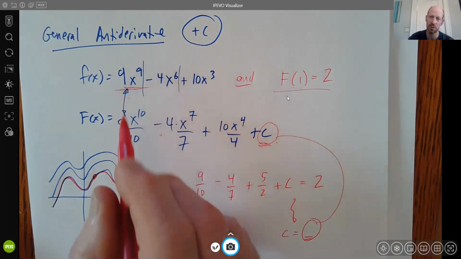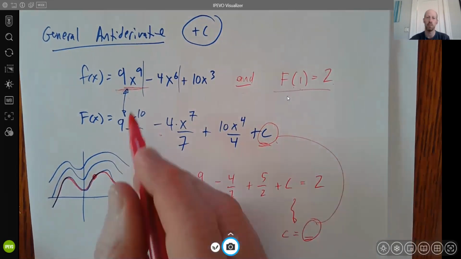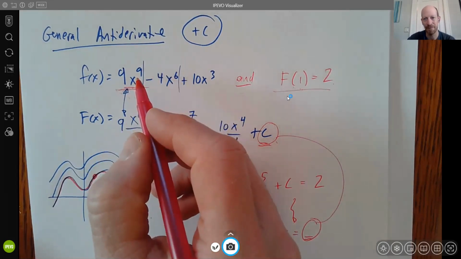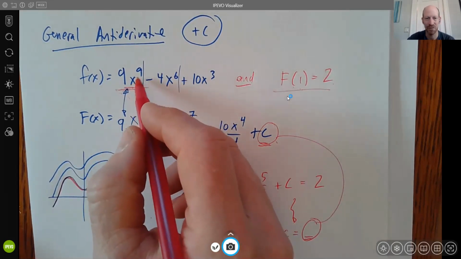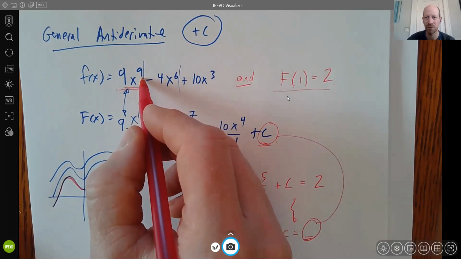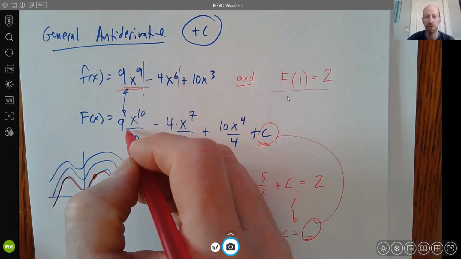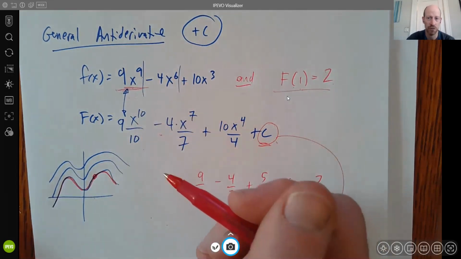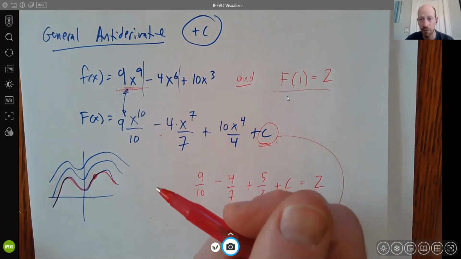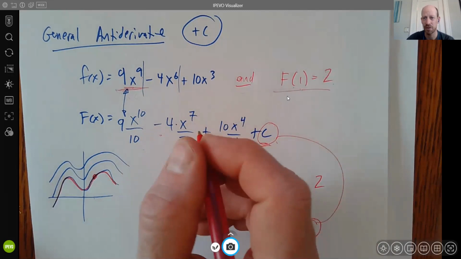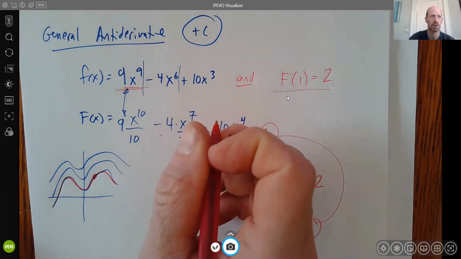Rather than, for the derivative, multiply by the exponent and then have the subtract 1 as your exponent. Sorry, bad way of describing the derivative rule, right? But the antiderivative rule is you add 1 and then divide by that new power. And that works for square roots and negative exponents, except for x to the minus 1, right? That one it doesn't work for.